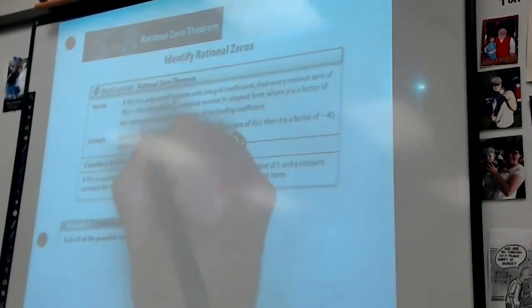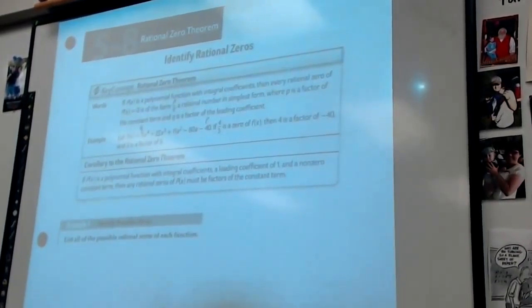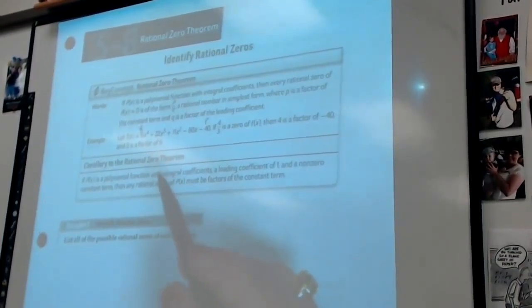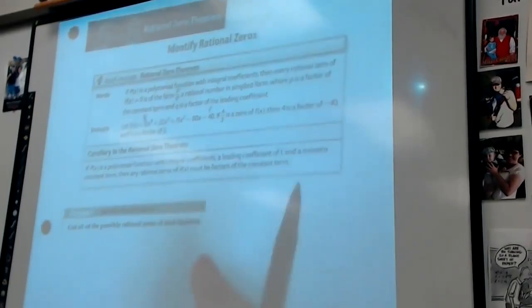They call the constant P, and the leading coefficient Q. So if we took all the factors of 40 and all the factors of 6 and divided them all out, positive and negative, that would tell us what our choices are, rather than just having to come up with any old number.